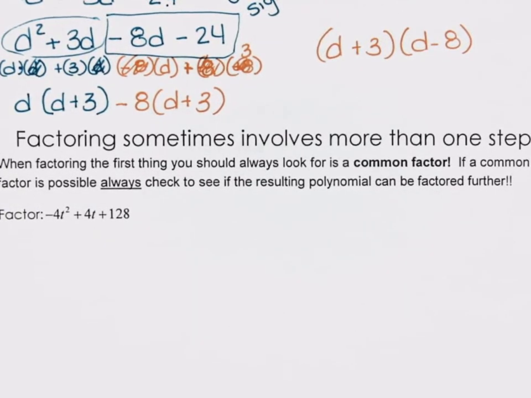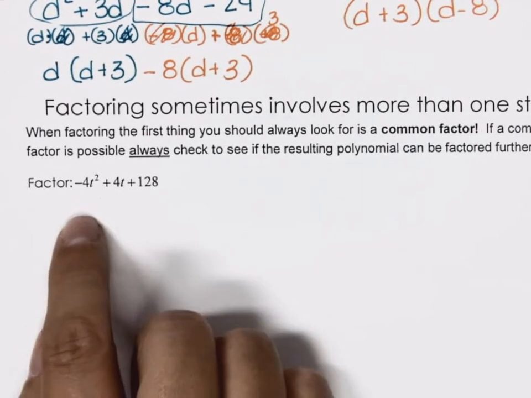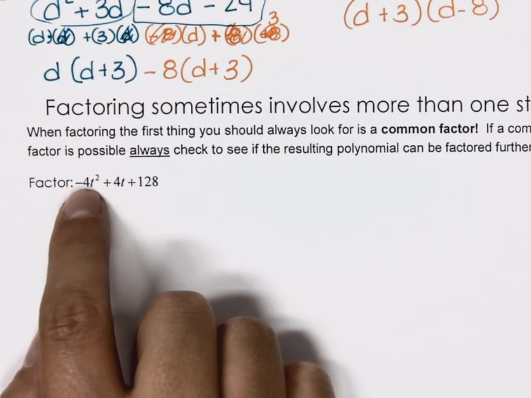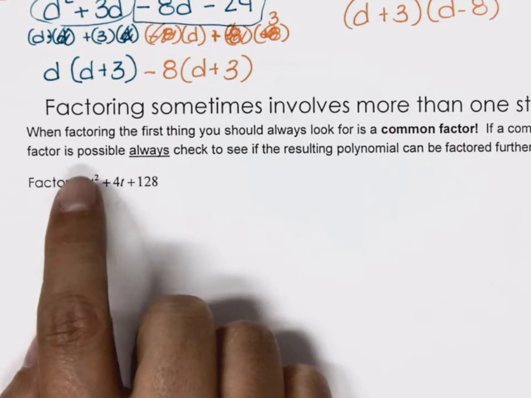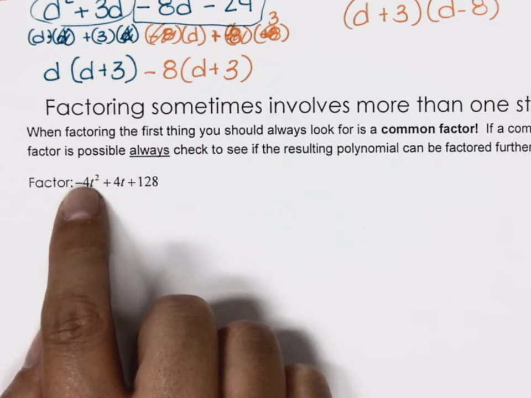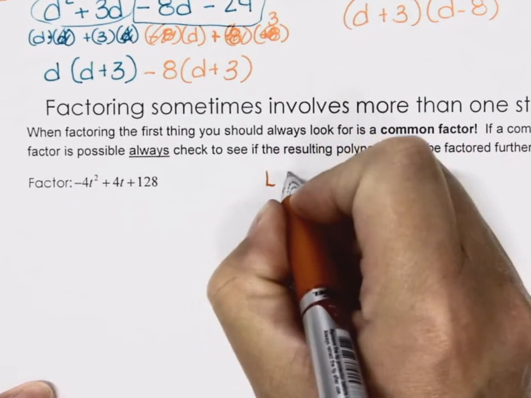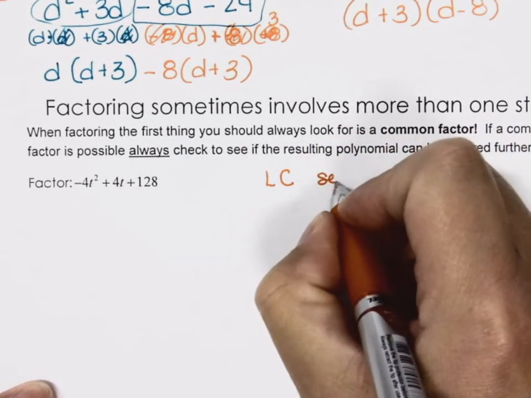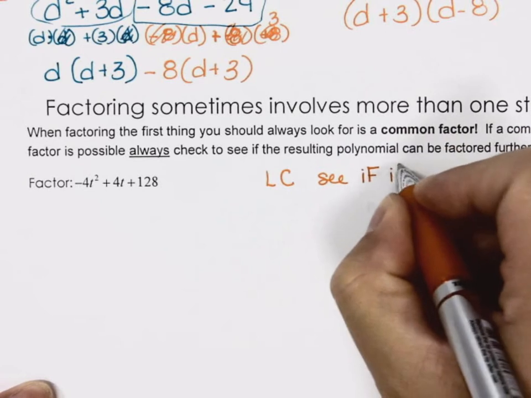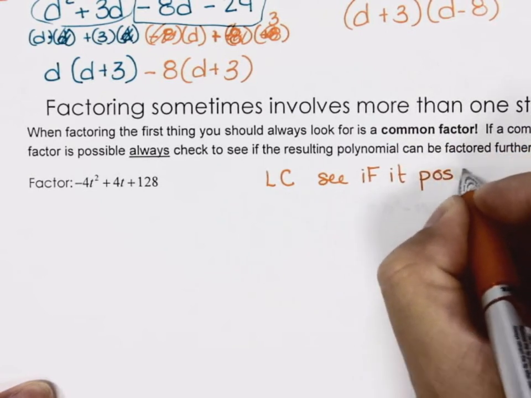Anytime you start factoring, the first thing you should do, if there is a coefficient on that first term, if you have a leading coefficient, you should see if you can common factor it out. So if you have a leading coefficient, see if it is possible.